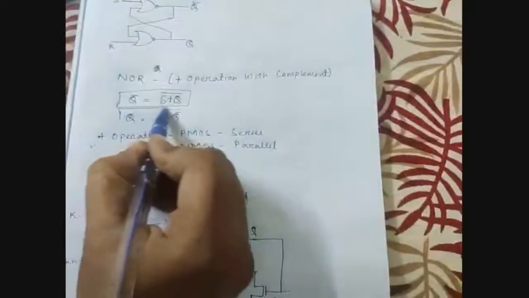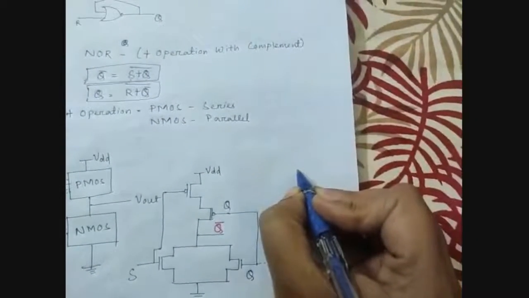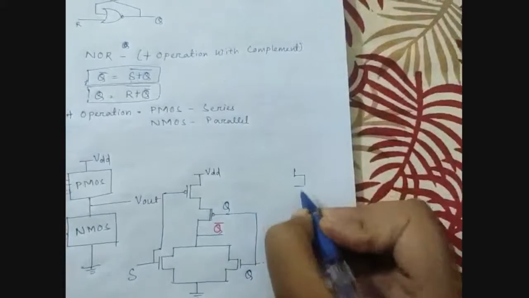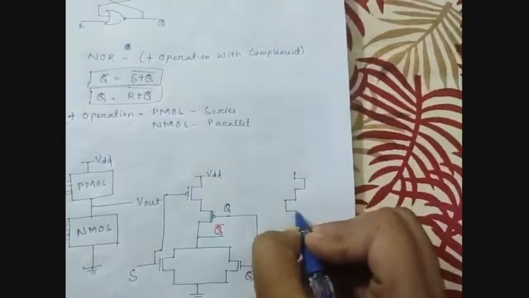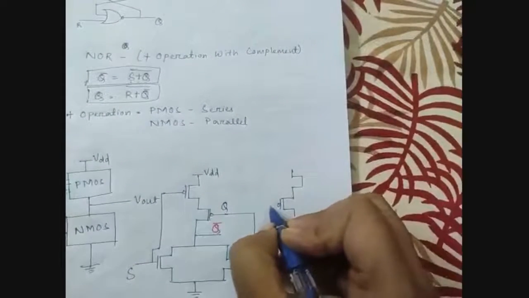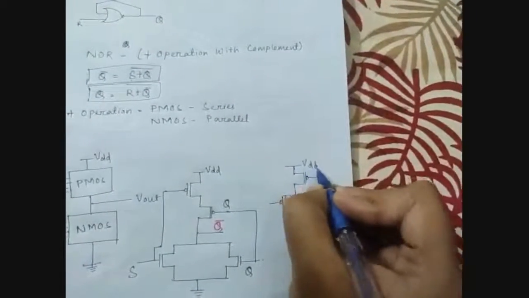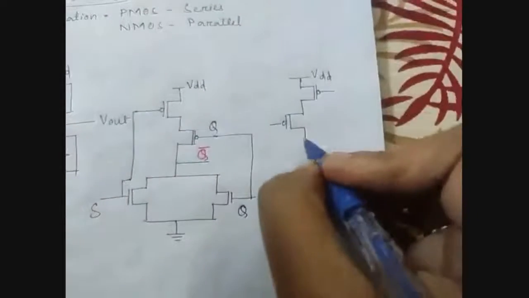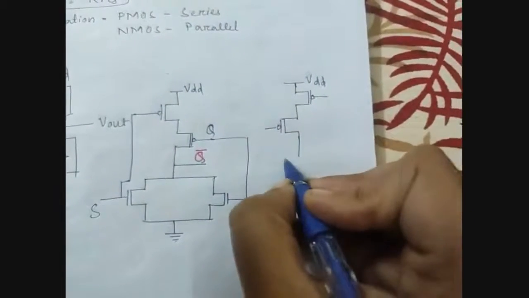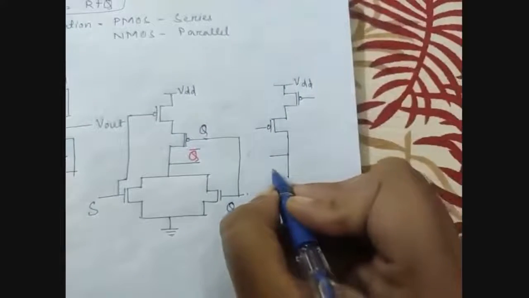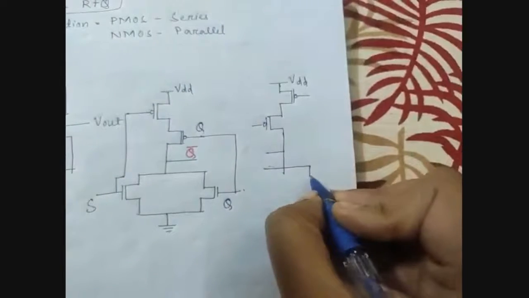Okay, then the other part, means the next equation, you have to draw it. Similarly we draw, and the PMOS transistors are connected in series. Okay, then here we take our output, and this one is the NMOS part.